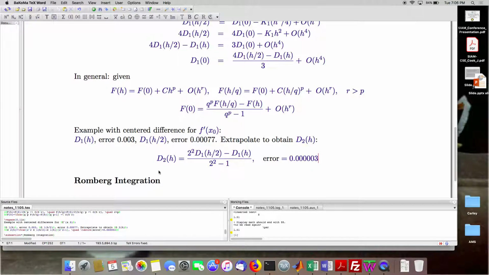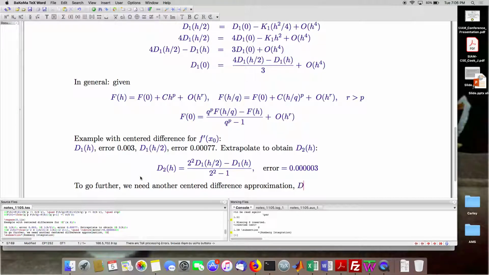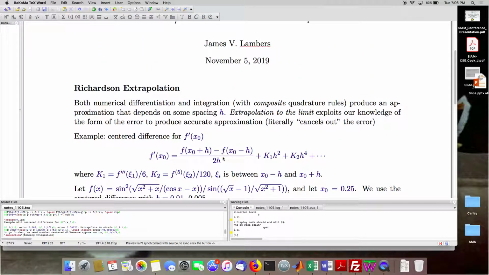Now, what I'd like to do is see how far I can take this. To go further, we need another center difference approximation. That'd be d1 of h over 4. So in other words, I go back to the original formula, center difference.